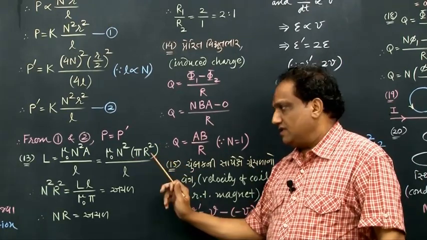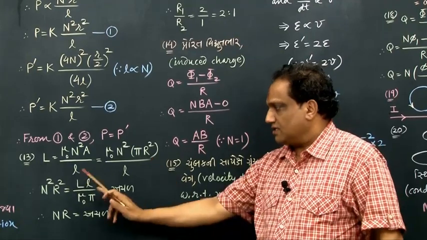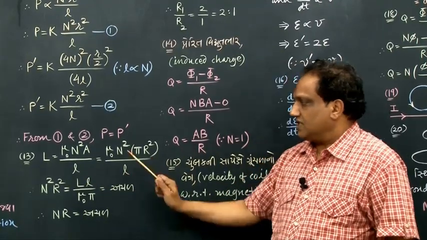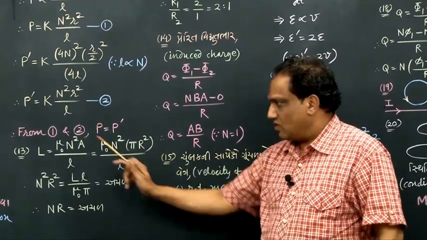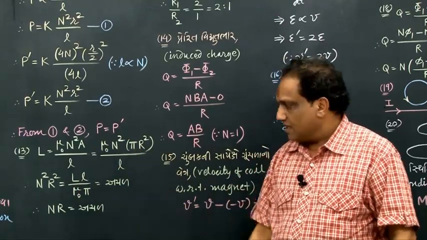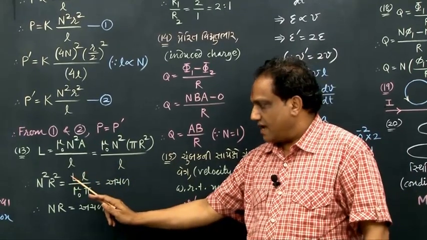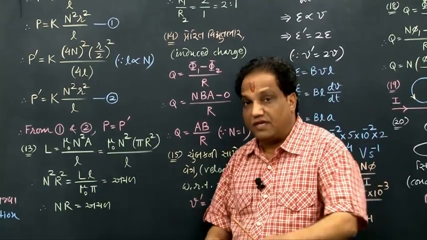Mind well, this is the radius of cross section of the inductor, and this is small l as it is. Just find out n square r square from here. Take this small l up, bring mu 0 into pi down in the denominator. Because L, mu 0, pi, everything is constant.